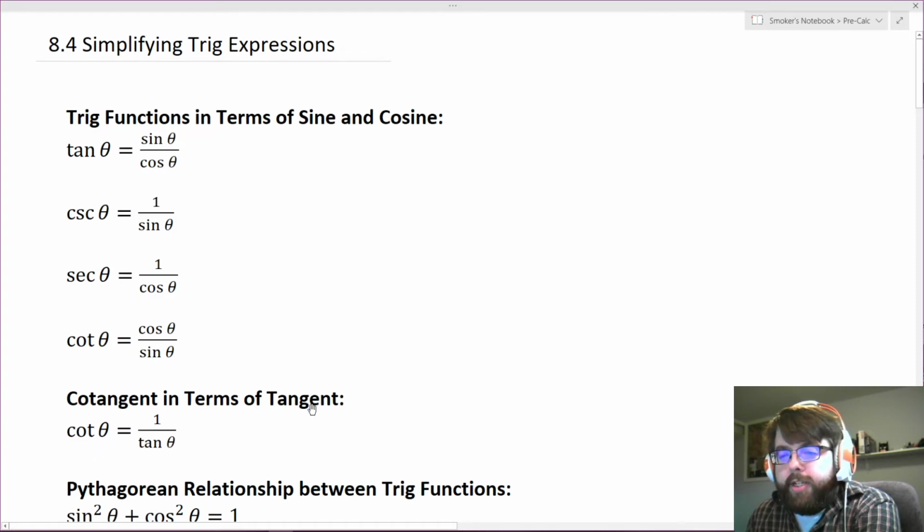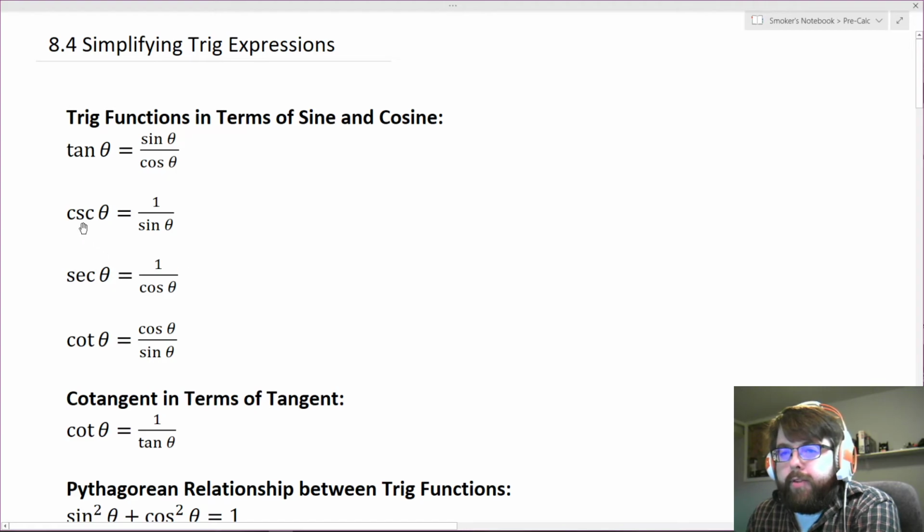Cotangent, in terms of tangent, is 1 over tangent, because it's the reciprocal of tangent. So, since 1 over tangent is reciprocal, notice that sine over cosine's reciprocal is cosine over sine. Cotangent is the reciprocal of tangent.